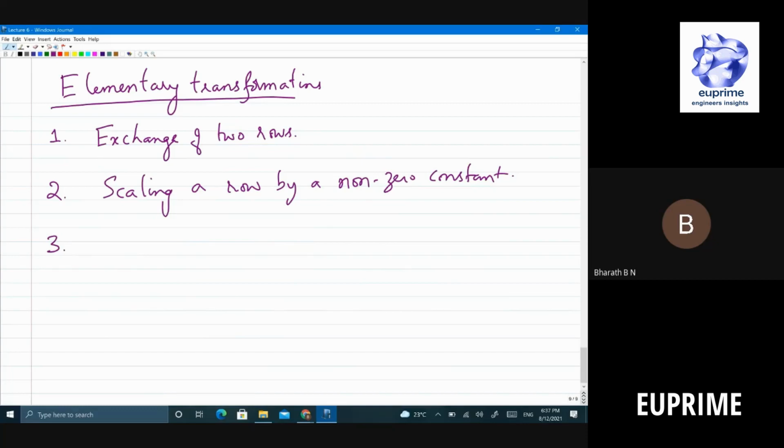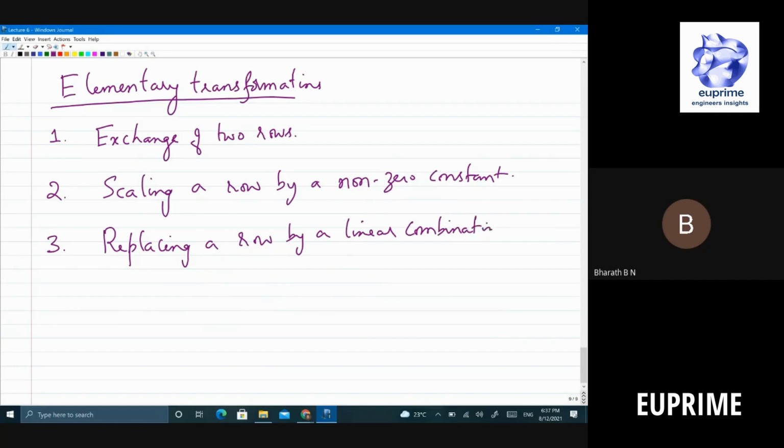Replacing a row by a linear combination of other rows. So what do I mean by that?